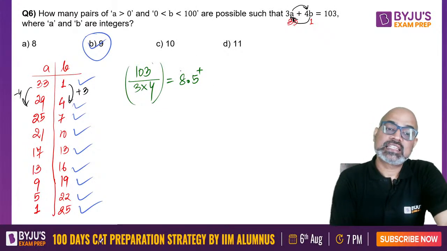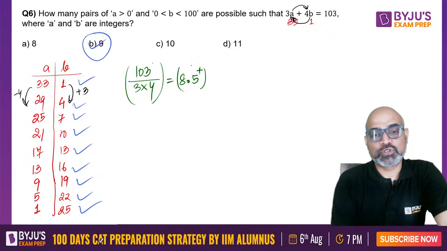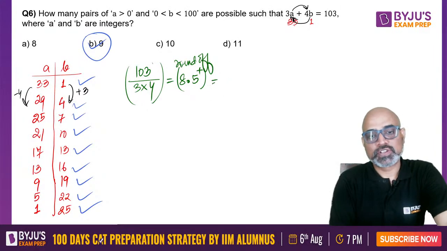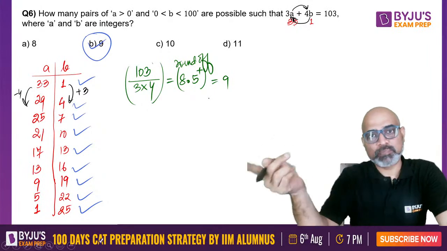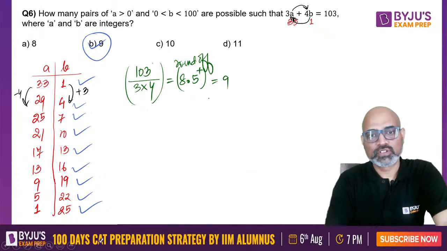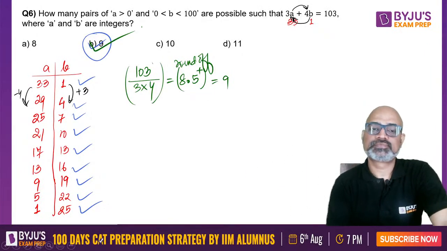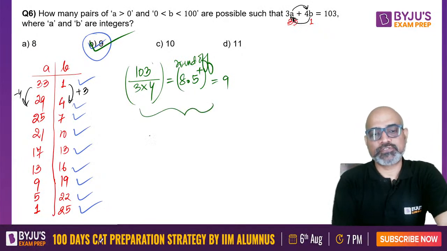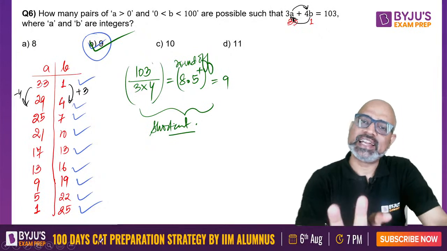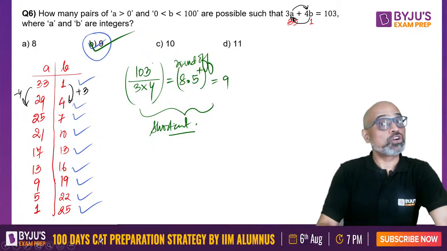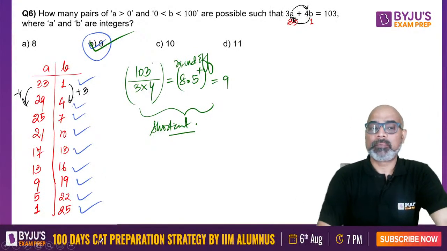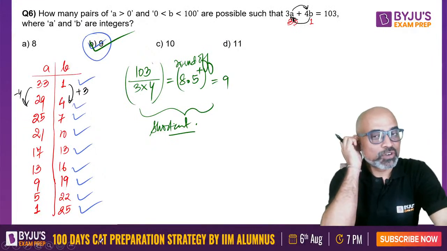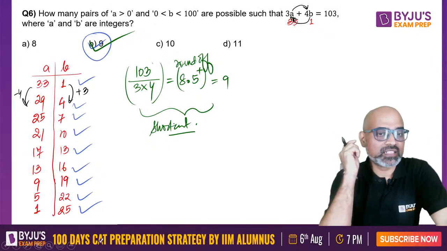So this is more than 8.5, so round it off. If you round it off, you will get 9. Any value more than 8.5 is 9 only, no? Rounding off. So you get 9 answers. So this is a shortcut which is applicable to almost 99% of such questions. It's not always true, but if you are in a hurry and really want to solve, you can take that bait, right?